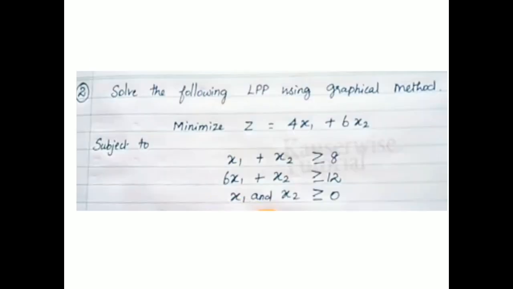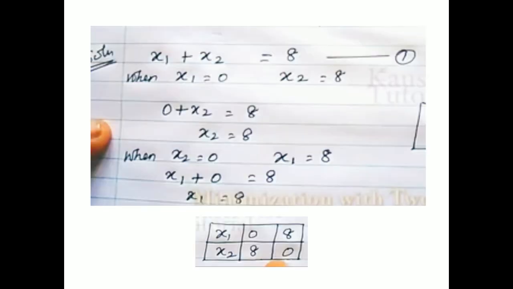So yes, this is the question that I have to solve, that is minimization of objective function, and here there are two constraint equations. They are x1 plus x2 greater than or equal to 8, and the second constraint equation is 6x1 plus x2 greater than or equal to 12.